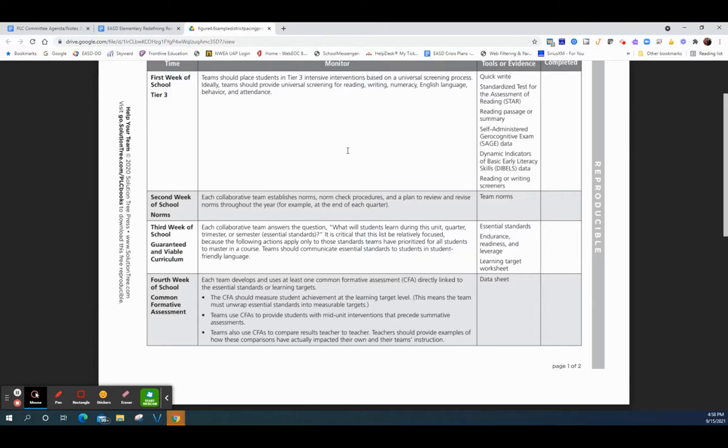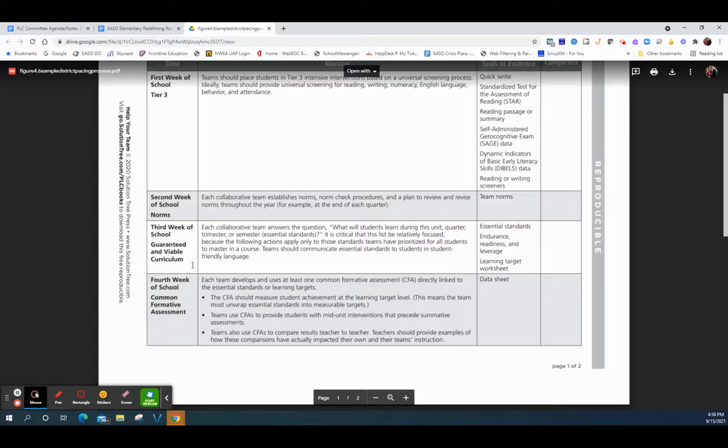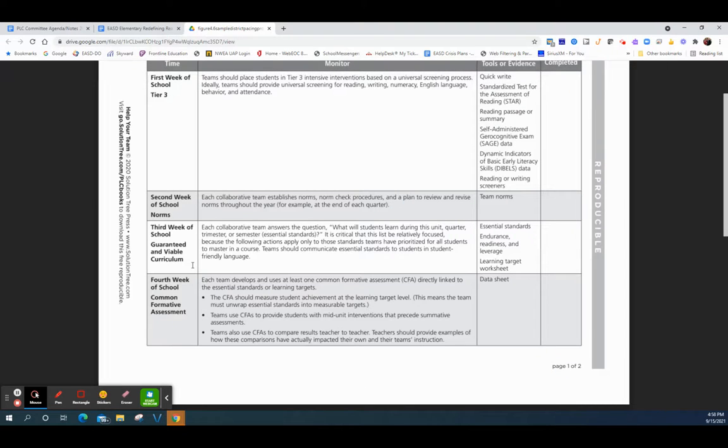I think when we look at this, we have to always remember when we talk about the third week, the guaranteed viable curriculum, that is our purple power standards. That is what our interventions should be focused on. If they already have those, what else are they going to do above and beyond? When we talk about tier 2 and tier 3, all that work should be focused on the purple power standards.